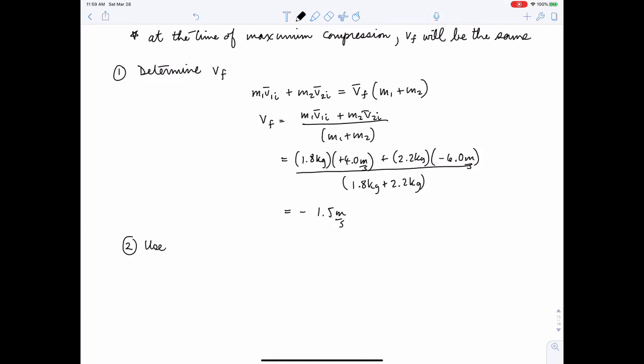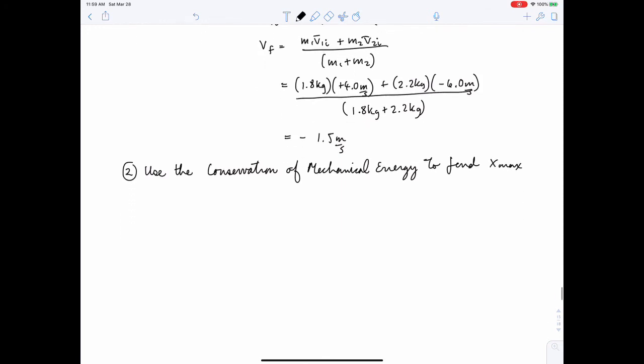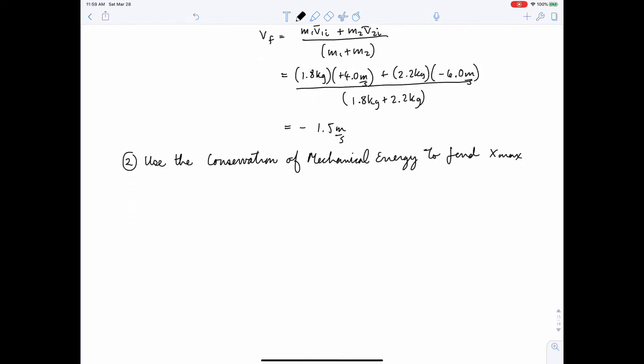Now, let's use the conservation of mechanical energy to determine the max compression of the spring. So let's write out the conservation of mechanical energy.